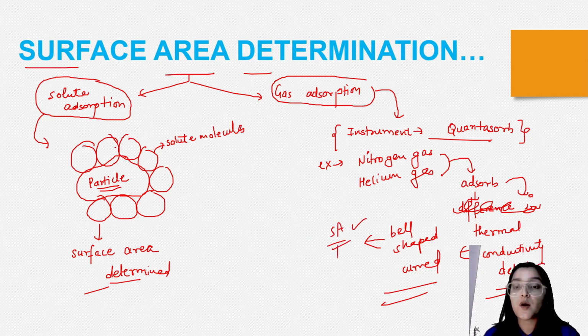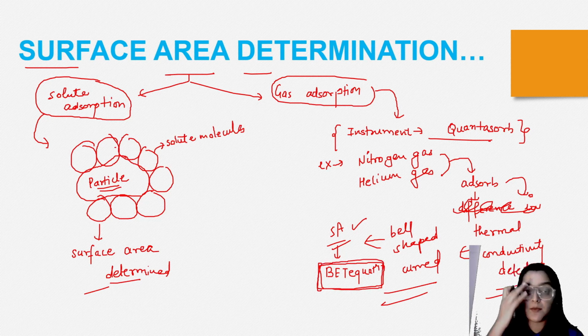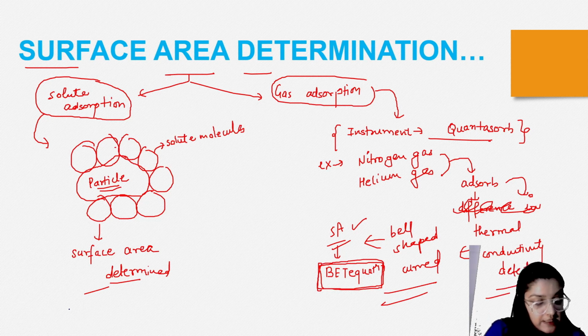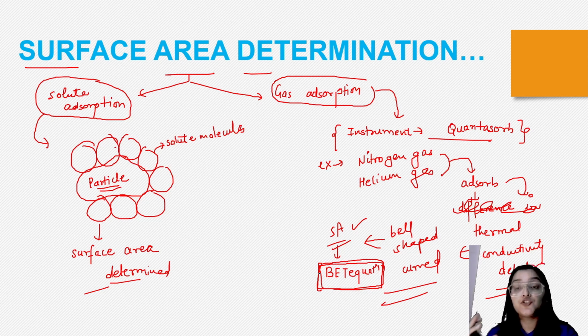But there is one important equation that comes with it, the BET equation. BET equation, very important. I'll repeat once again, very important from your exam point of view. This BET equation will give you the volume of the gas that has been adsorbed over your powder particle at a particular pressure, right?